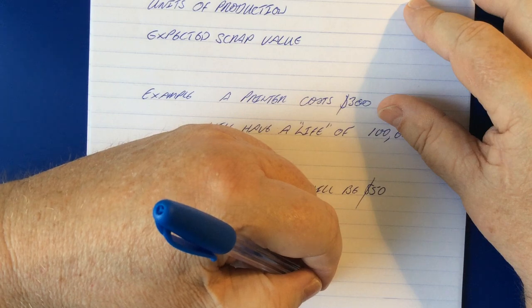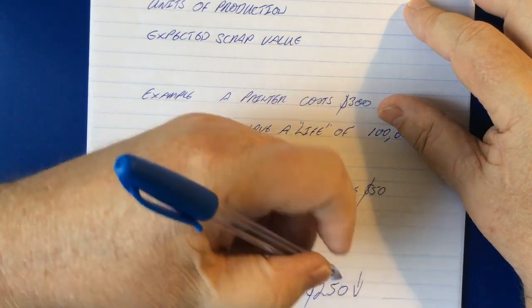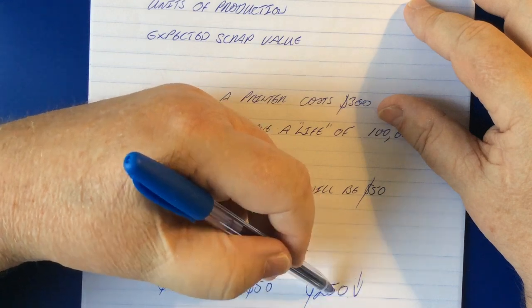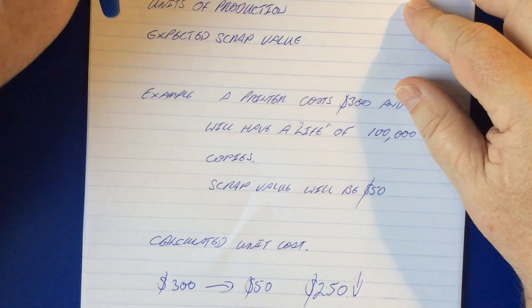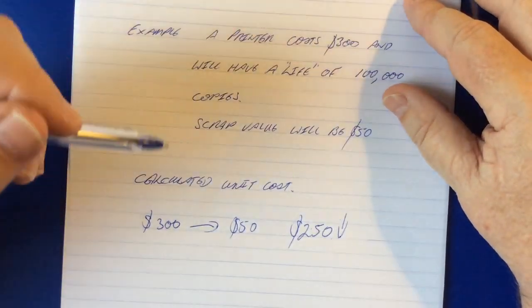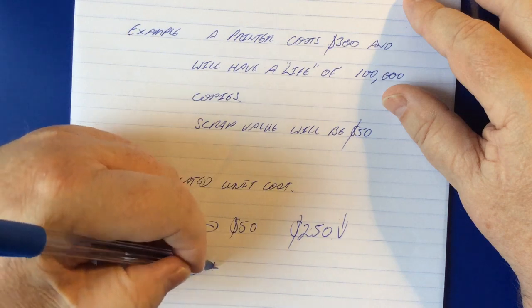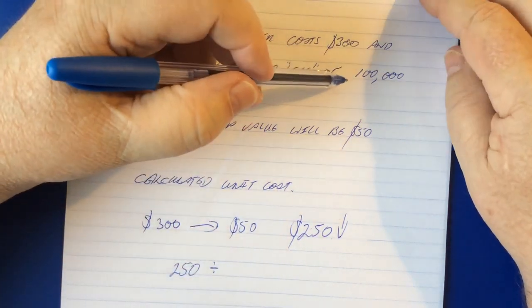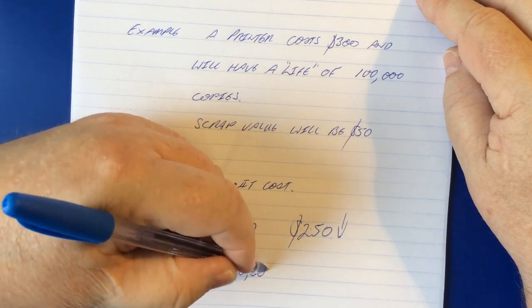So this thing is going to depreciate in value by $250. That's going to go down in value by $250. That $250 is going to be divided up into the production run, which is 100,000 units.